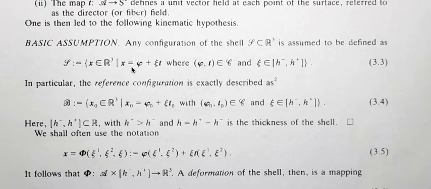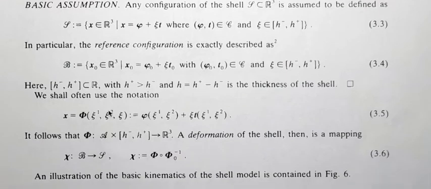So any general point on the shell body can be written as x is equal to phi plus zeta t, where zeta belongs to h minus to h plus. And if we talk about the reference configuration, which is denoted by this stylized B, this also can be written as x naught is equal to phi naught plus zeta t naught. So this is how it can be written.